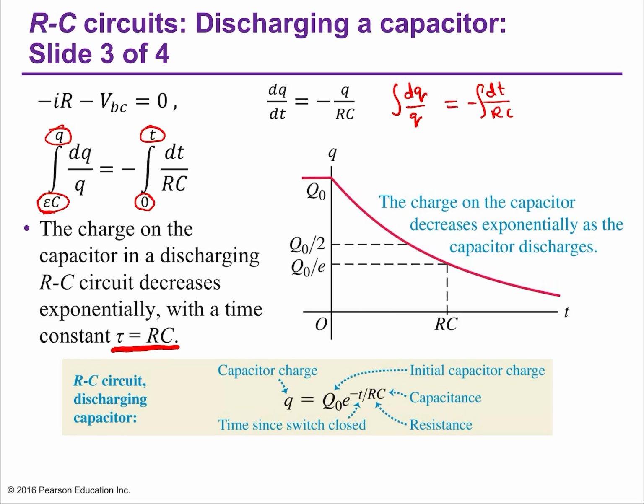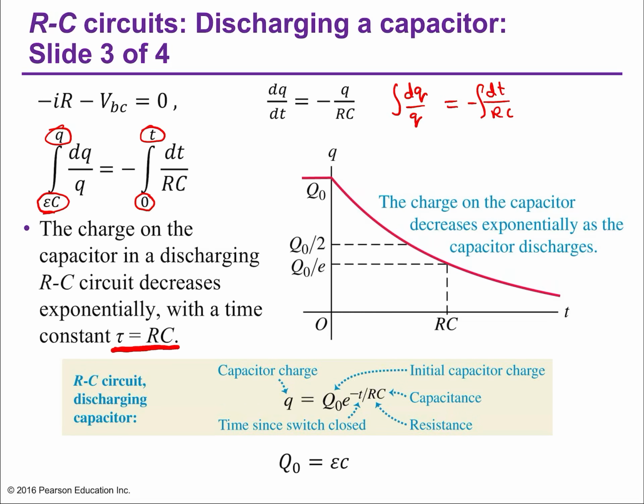Now, it would be interesting to know how the potential difference, the voltage across the capacitor, changes as it is discharging. So take the equation and divide both sides by C, because Q naught is equal to EC.